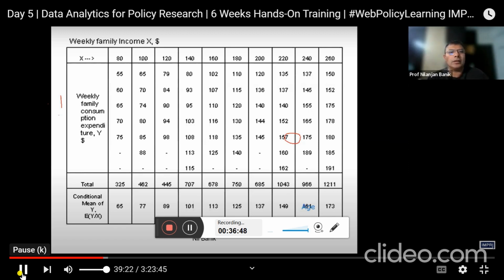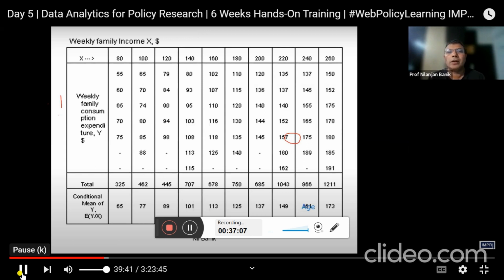So this n. You see that more people are there when the income is 100, because maybe from the population you are seeing that there are more representatives earning that income.